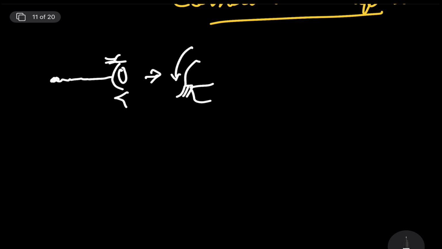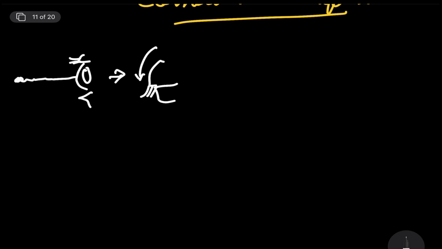See how the name itself has a reflex in it, right? So any reflex means there will be what? An afferent pathway and an efferent pathway. Afferent pathway means the nerve impulse, the stimulus, is being carried over from the cornea by some nerve up to the higher center, which in this case is the brain.